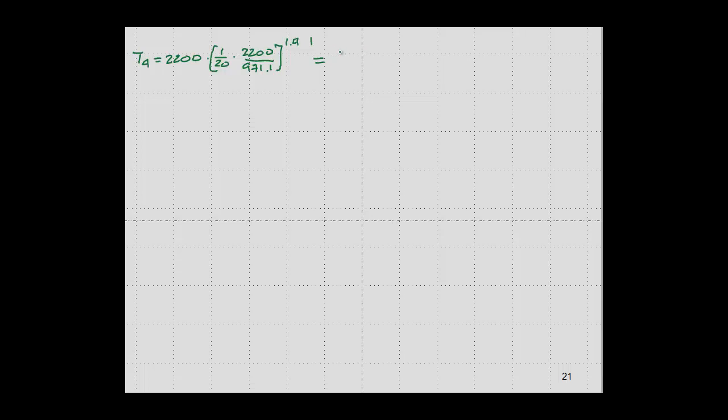So this gives us 920.59 Kelvin. So we are ready to get our Q in and Q out.